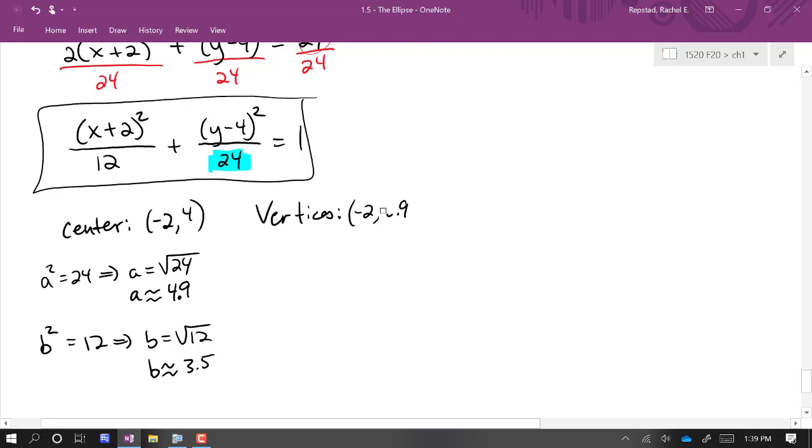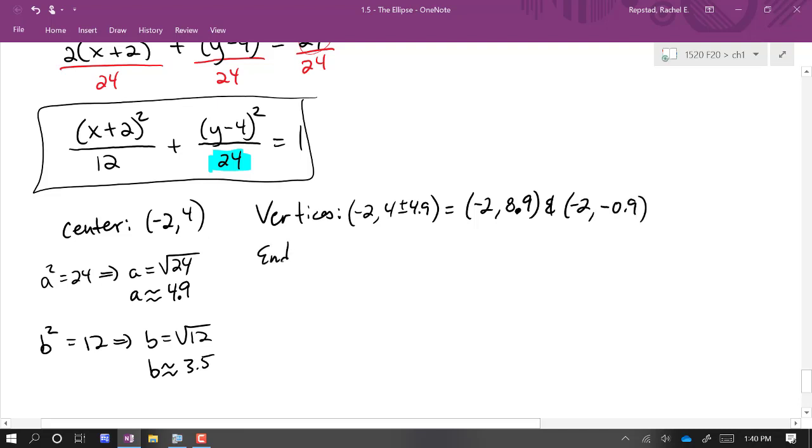Well, let me write it out this way. So that my two vertices are negative 2, comma, and then 4 plus or minus 4.9. We're just adjusting that y coordinate. So that's negative 2, 8.9, and negative 2, negative 0.9.